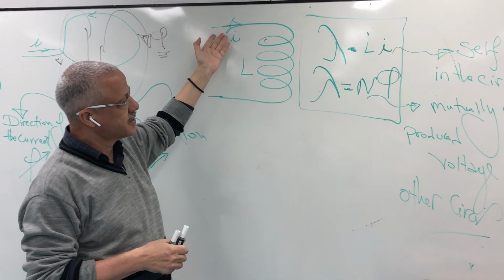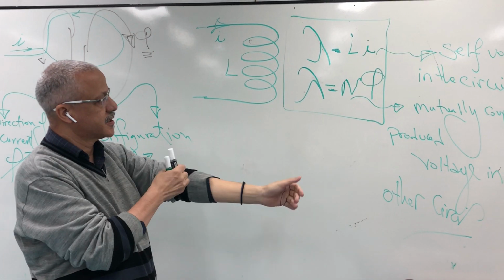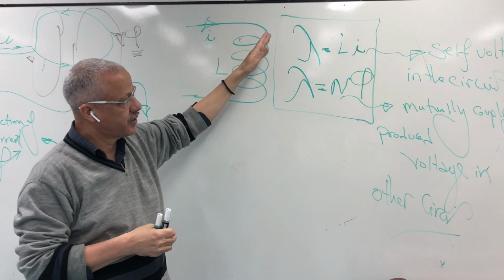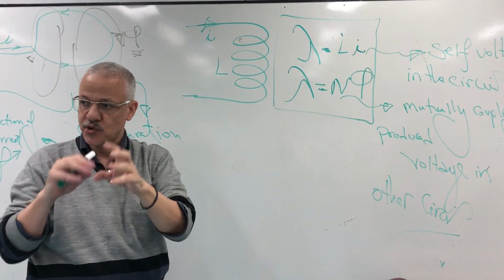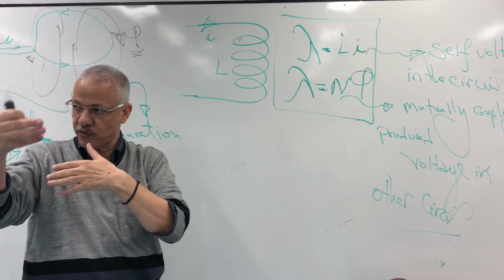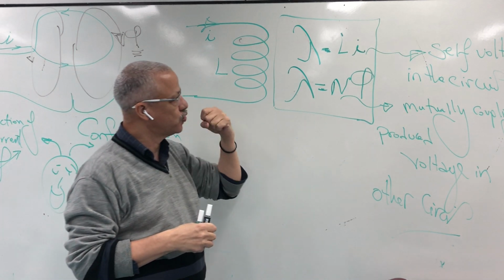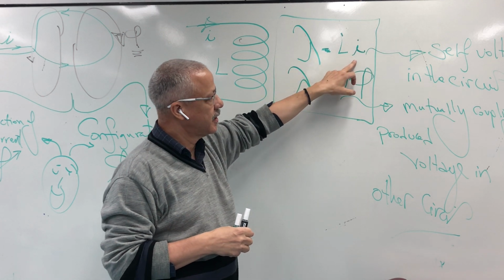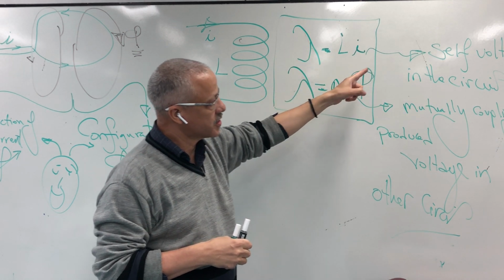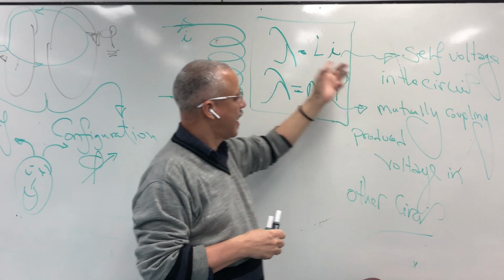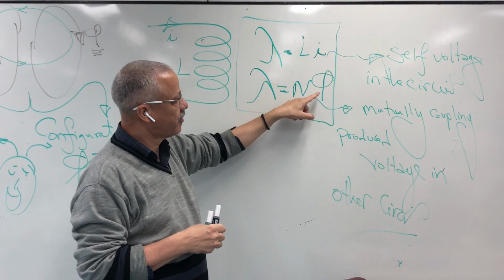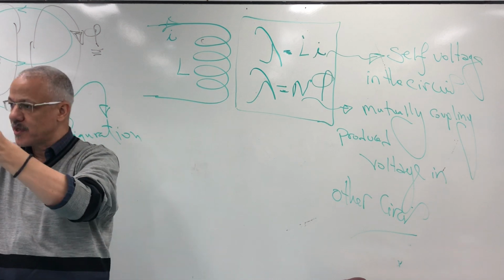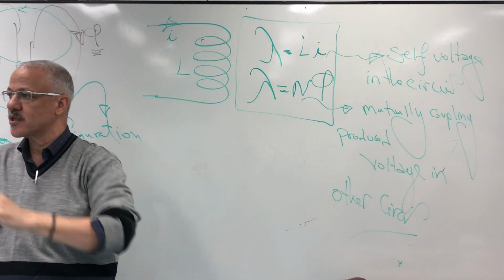But this is Faraday's theory. If I have current flowing, there is some magnetic field. If we put another circuit, we can deduce the voltage in the other circuit. So I have two flux linkages. The first depends on Li, and this formula is used for self voltage in the circuit. The other is lambda equals n phi, and this requires another circuit to be coupled with the first circuit to induce the voltage.